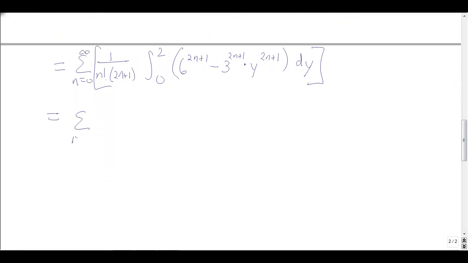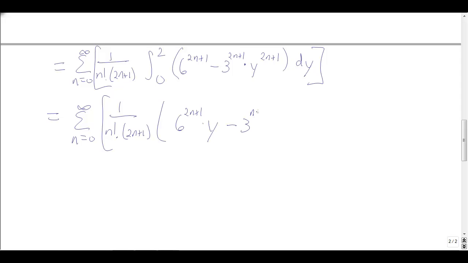And so what I get is the sum from n equals 0 to infinity, 1 over n factorial times 2n plus 1. Let's see, 6 to the 2n plus 1. When you integrate with respect to y, you get 6 to the 2n plus 1 times y.